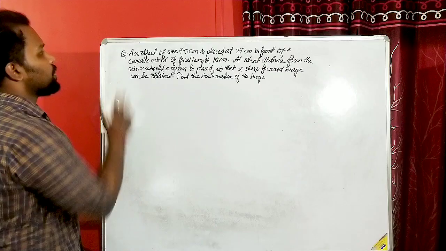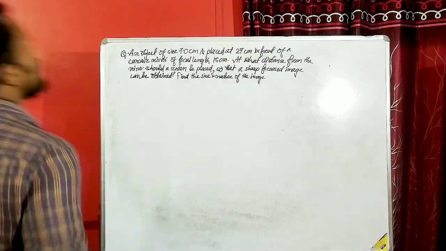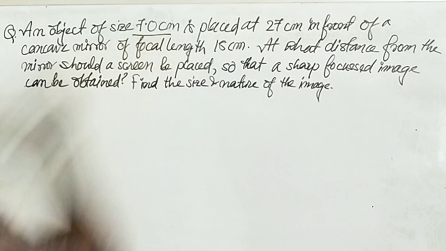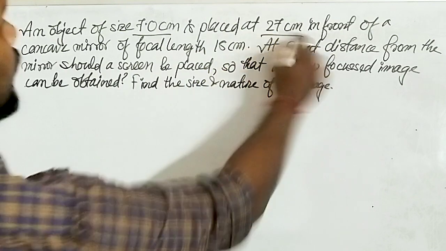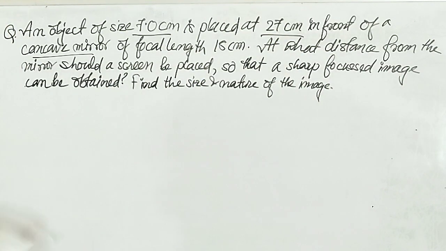Okay, this is our third problem, right? So what it is actually saying is that an object of size 7 centimeter is placed at a distance of 27 centimeter in front of a concave mirror. So main thing, you have got the concave mirror. So it is now very easy for us to deduce the signs.